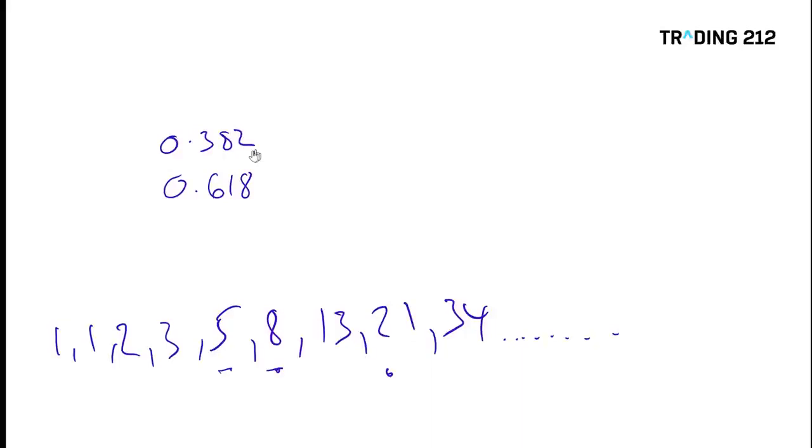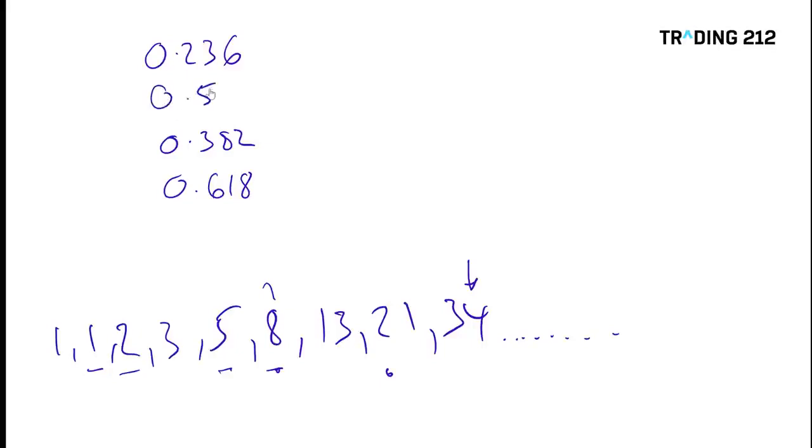Then any number, let's take 8 divided by the number 3 along, the result will get closer and closer to 0.236. So these are some of the values of the Fibonacci numbers. Then right at the beginning we have 1 divided by 2, the result is clearly 0.5.